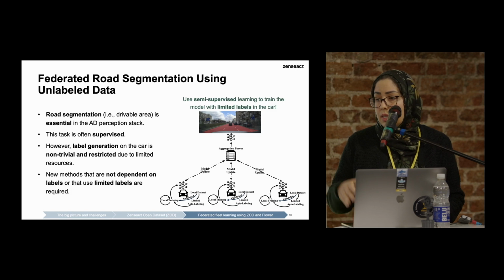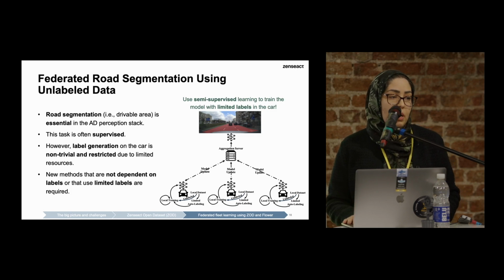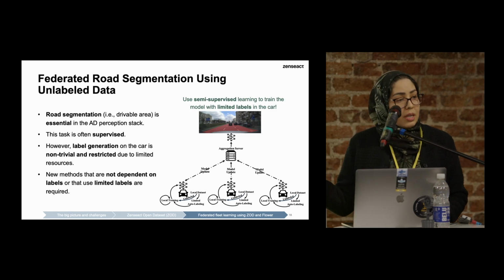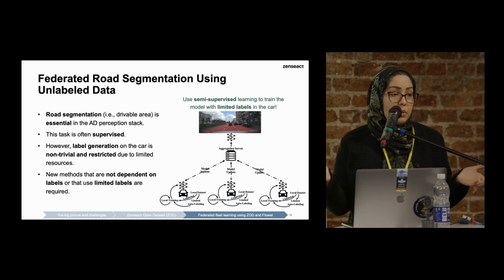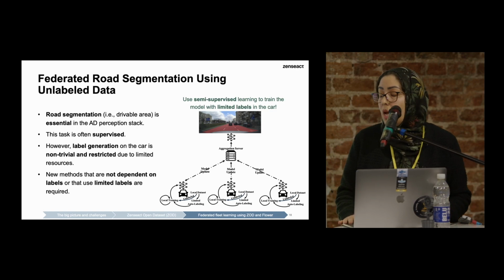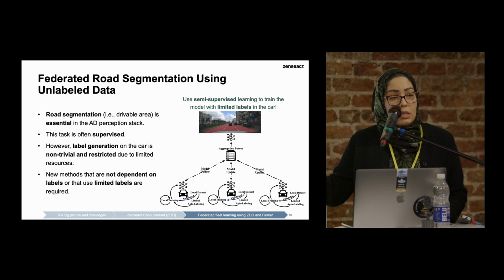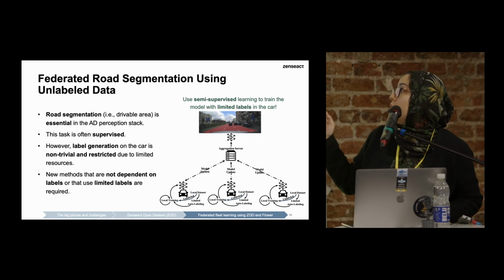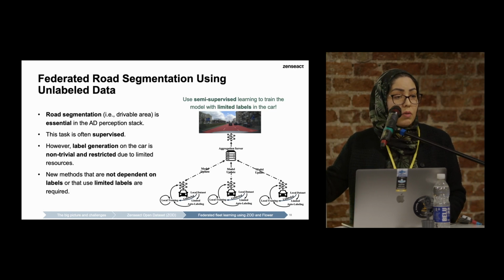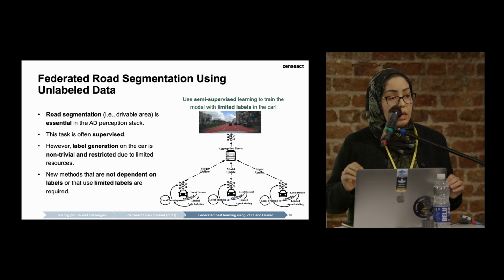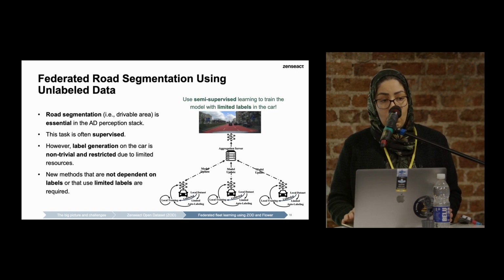But still we can make it more sustainable, because label generation in the car is non-trivial and requires a lot of resources, while we have restricted resources in the car. So in another study, we looked into semi-supervised learning, and we trained a model with extensive unlabeled data and very limited labeled data in the car.